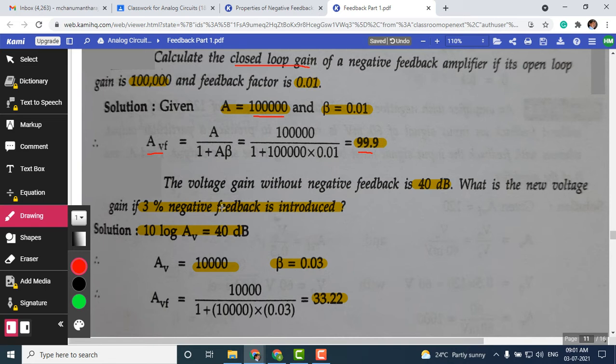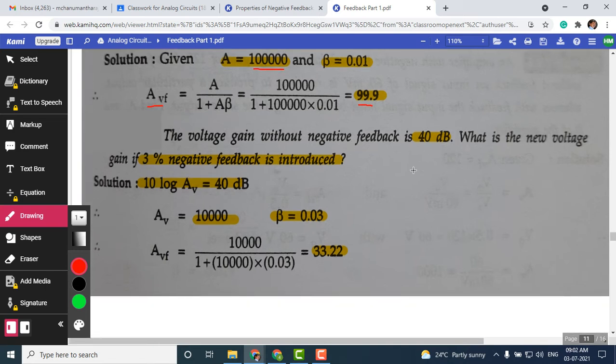Okay, the next problem: the voltage gain without negative feedback is 40 dB. What is the new gain if 3% negative feedback is introduced? Remember that it is given here in 40 decibels, so you should be aware of these things whenever you solve any problem.